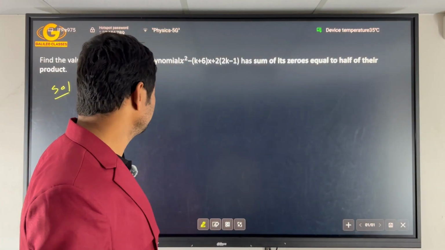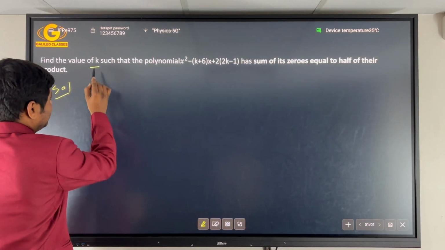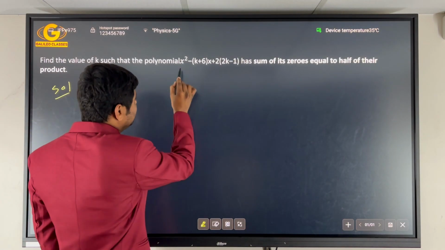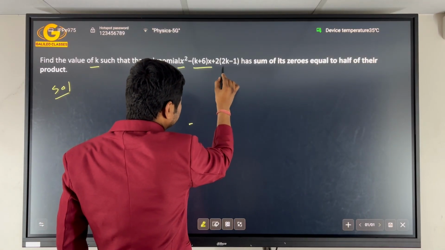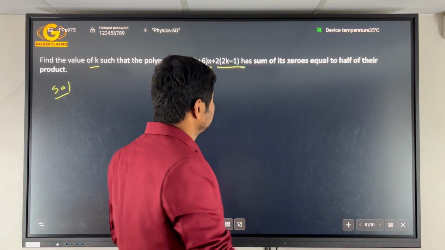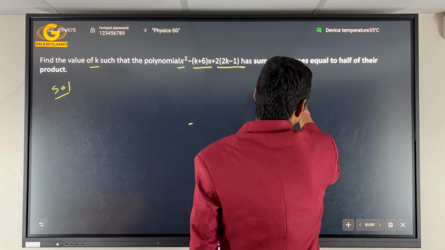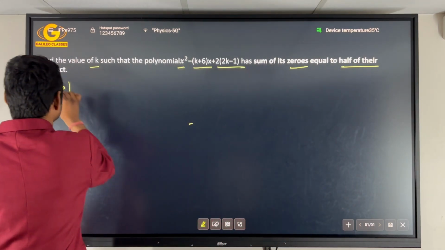The fourth question is: find the value of k such that x square minus (k plus 6) into x plus 2 into (2k minus 1) has sum of its zeros equal to half of their product.